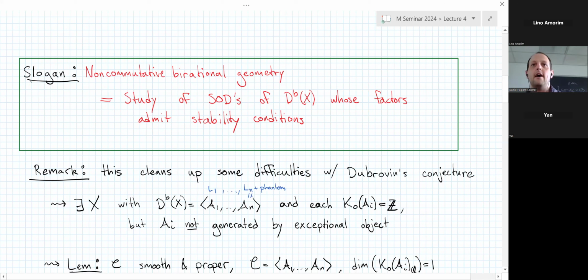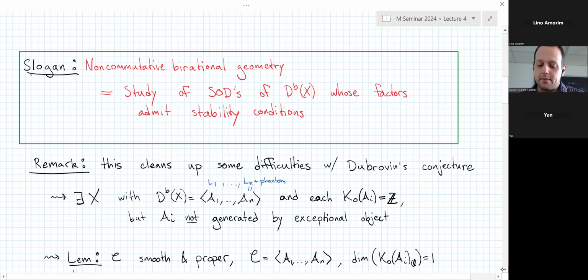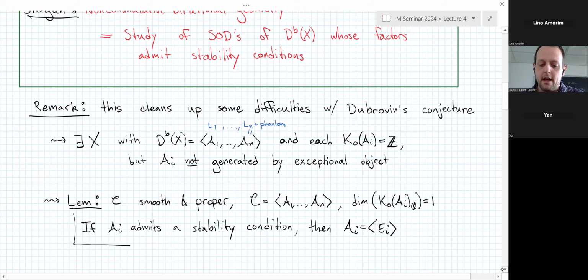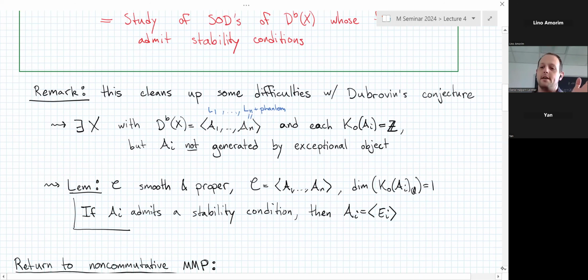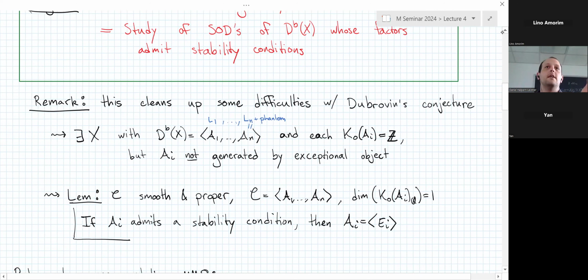So at least one of these categories will still have the same K-theory, but won't be generated by an exceptional object. But the point is that there's this little lemma. You definitely can't have phantoms with stability conditions, because a phantom doesn't have any K-theory, so it just can't have a stability condition, because semistable objects have to have a positive central charge.